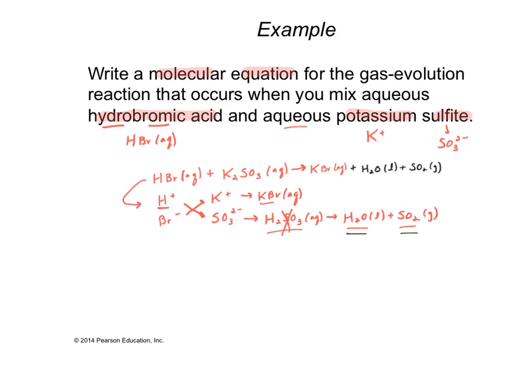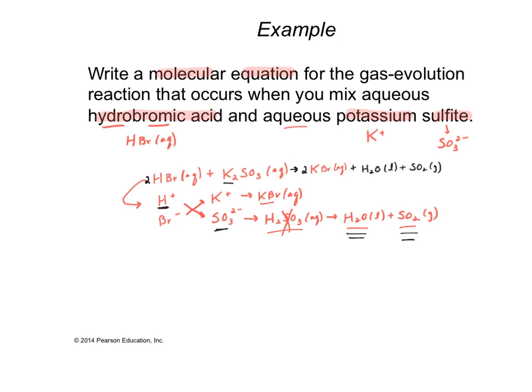The only thing I need to do still is to balance it. I've got 2 K's here, so I'm going to need to put a 2 in front of the KBr. So 2, 2, that looks good. Then I just need a 2 in front of the HBr, and for every 2 of these, I get 1 and 1. So then everything else looks good. Okay, so that is the molecular equation for a gas evolution reaction.